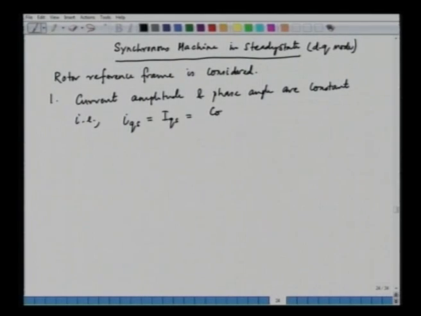So, we can say this is constant. Similarly, the D axis current IDS is equal to capital IDS, that is constant. And then we can also consider the rotor flux linkages to be constant.